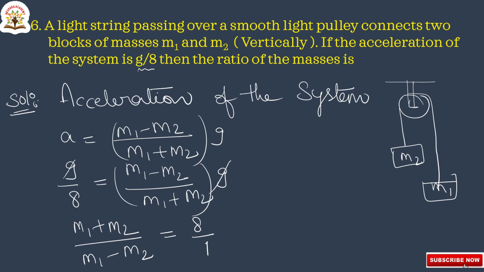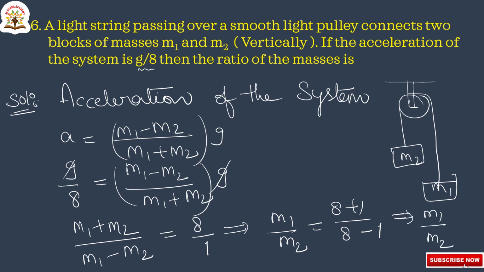So now M1 by M2 is equal to 8 plus 1 by 8 minus 1, that is 9 by 7. So therefore, the final answer is that the ratio of masses M1 by M2 is equal to 9 by 7. This is the final answer.